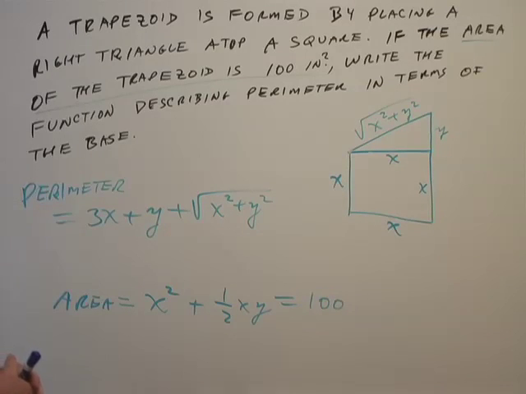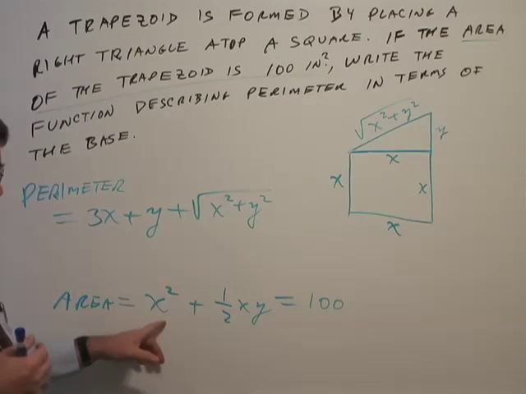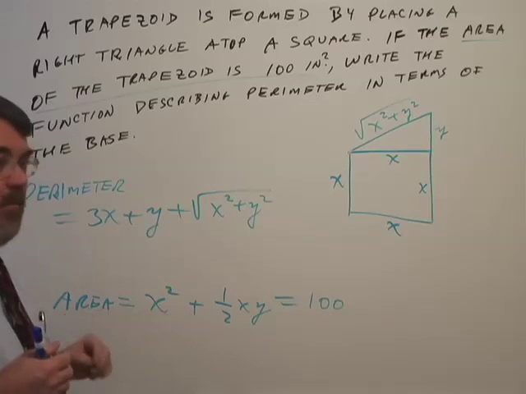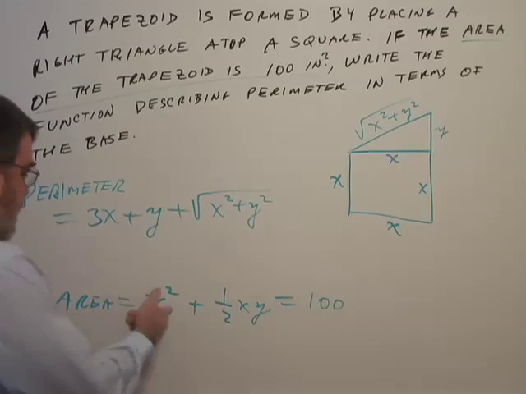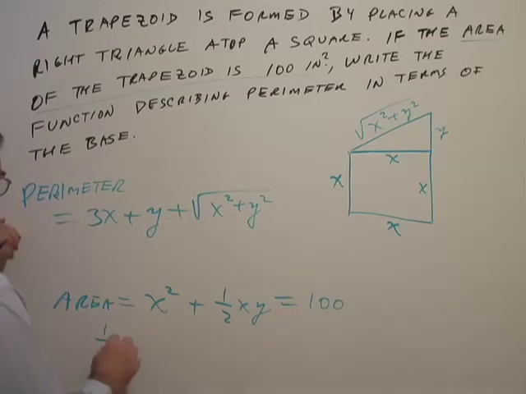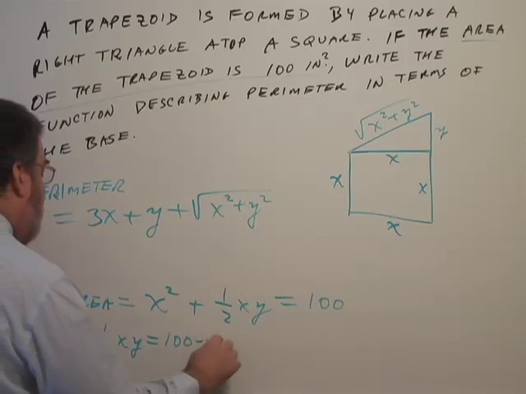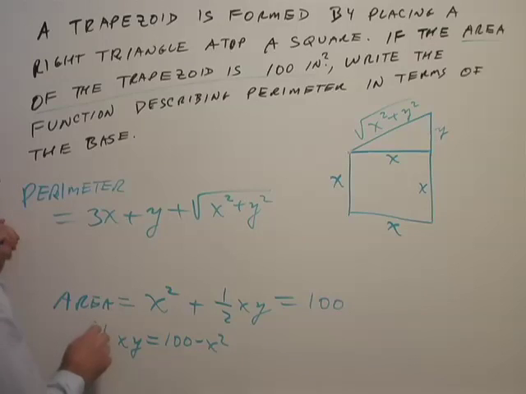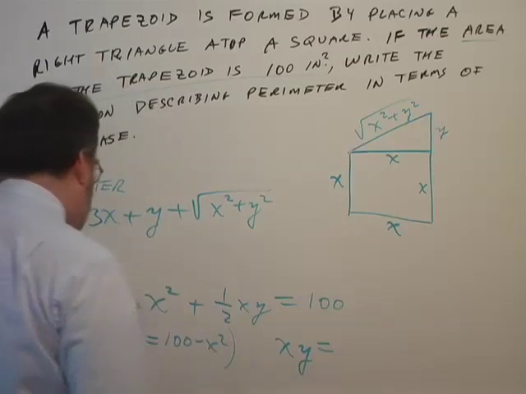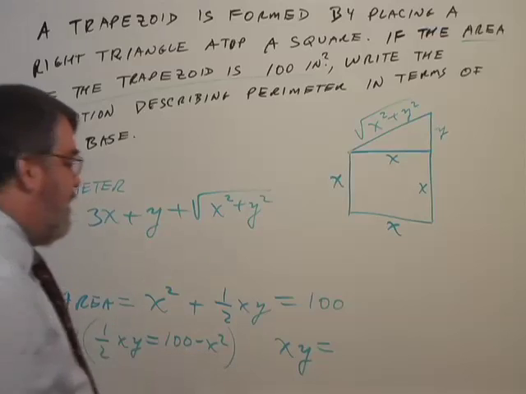So what this does for us, it allows us to calculate y in terms of x. In other words, solve for y. And I'm going to do that. I'm going to first subtract x squared. So I have 1/2 xy equals 100 minus x squared. And then I'm going to multiply everything times 2. That cancels the 1/2 on the left side. So I have x times y equals 200 minus 2x squared.